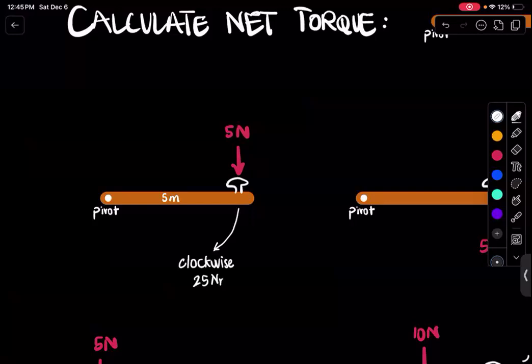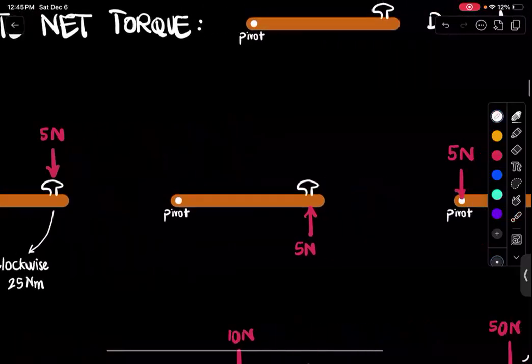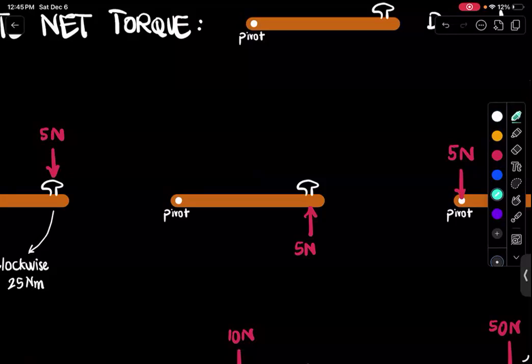25 Newton meter. Obviously, if someone is pushing the door in this direction, it's going to make it turn clockwise. But what if there's someone on the other side trying to push in the opposite direction? That means the door is going to turn like this. So this is going to generate an anti-clockwise moment of 25 Newton meter.